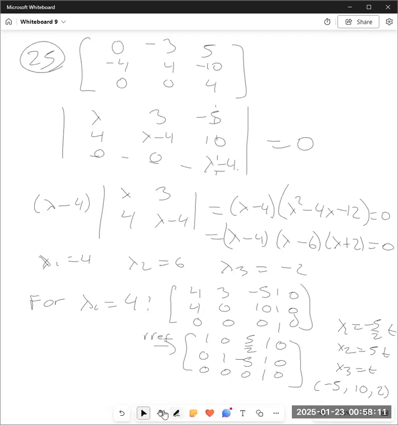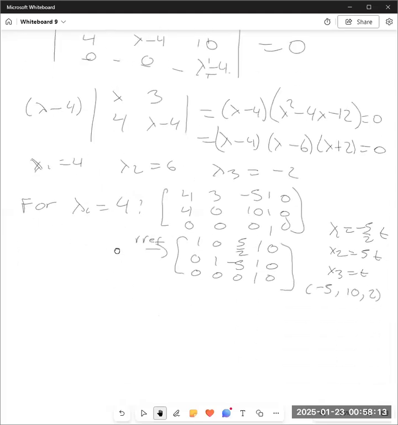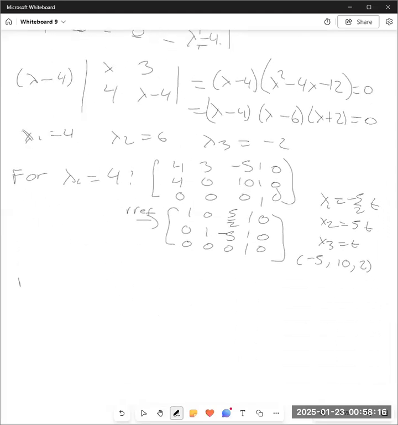Let's look now at lambda 2. So for lambda 2 equals 6, I have 6, 3, -5, 0, 4, 6 minus 4 is 2, 10, 0, 0, 2.